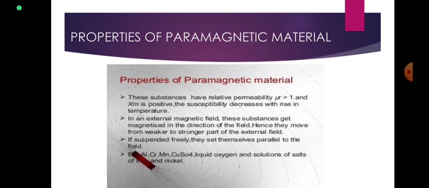Next, in an external magnetic field, these substances get magnetized in the direction of the field. Hence, they move from weaker to stronger parts of the external field. If suspended freely, they set themselves parallel to the field. Examples: calcium, aluminium, sodium, and oxygen at standard temperature and pressure.